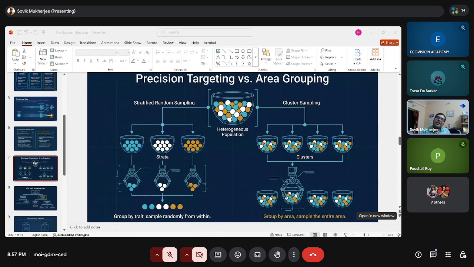If you are not really sure about what you are going to carry out, then you are not going to get the correct answer. Now, when you are asked to have representation across all strata, that means there are different groups, then you have to go for stratified random sampling. So you go into each stratum and select the sample.